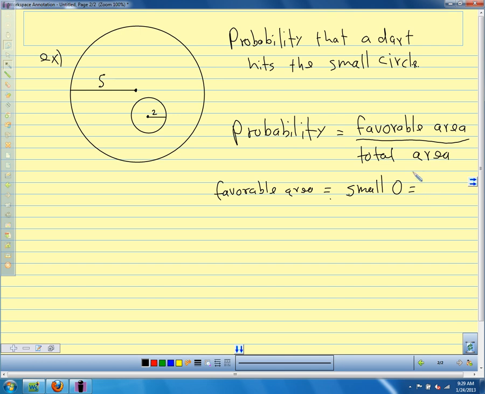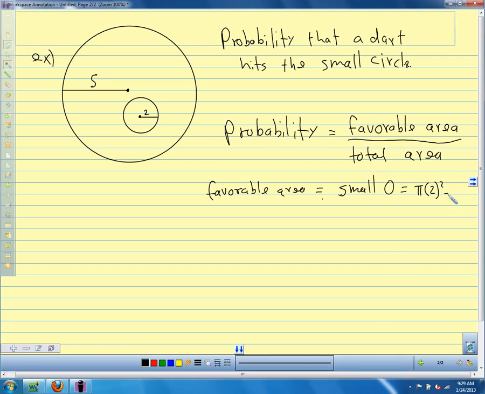Pi r squared. So we're going to say pi times the radius 2 squared, which I'm going to leave pi in there. I'm going to write an exact answer. I'm going to write that as 4 pi units squared. And with probability, we usually don't worry about the units because they end up canceling out. But we'll write it in for now.